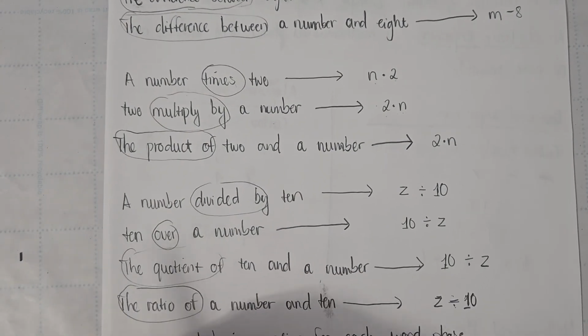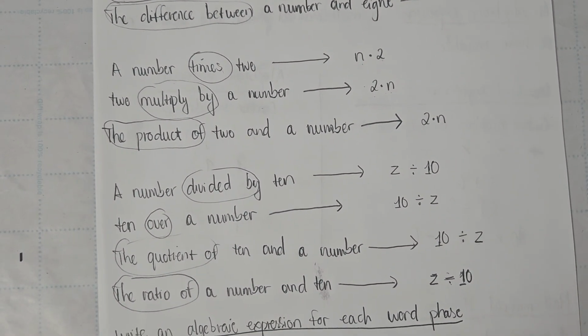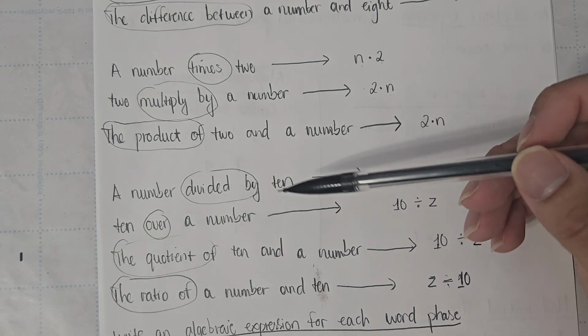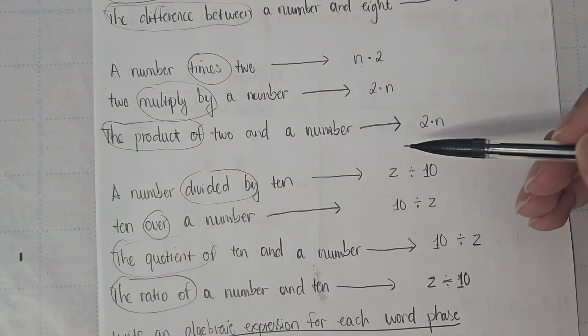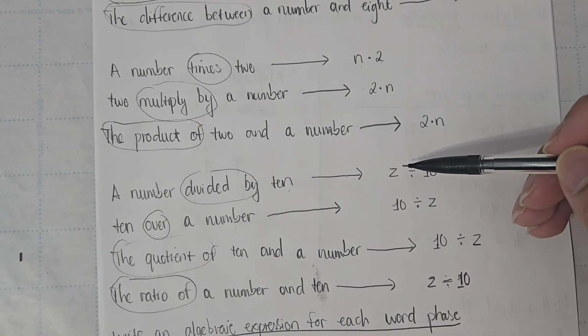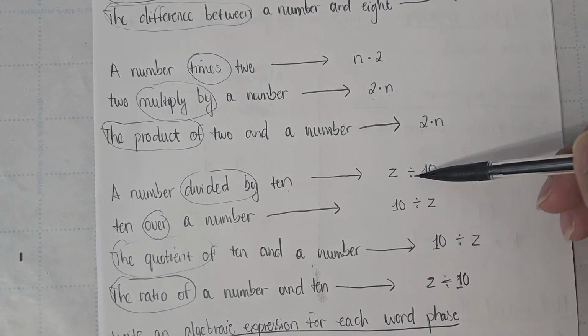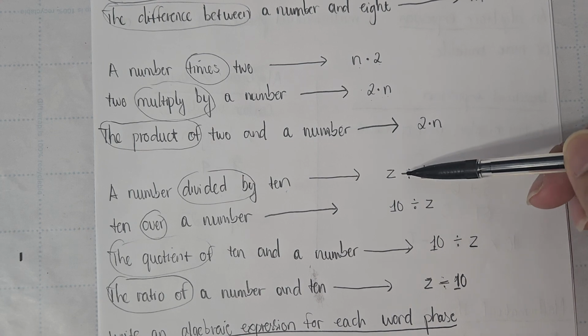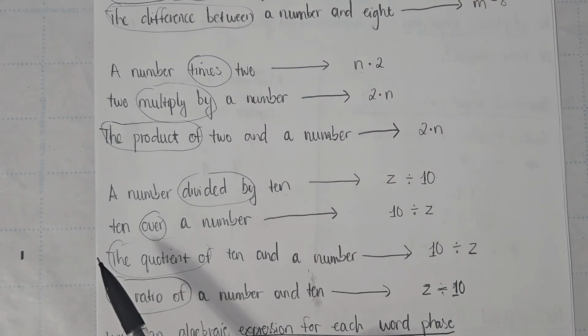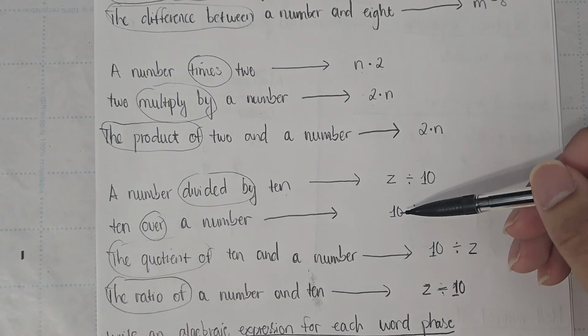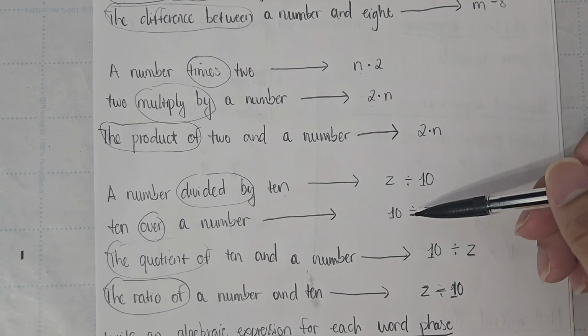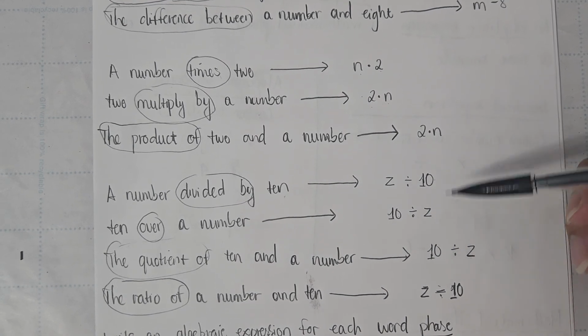Here, for division, we have a number divided by 10. I'm using z as a variable. z divided by 10. 10 over a number: 10 divided by z.